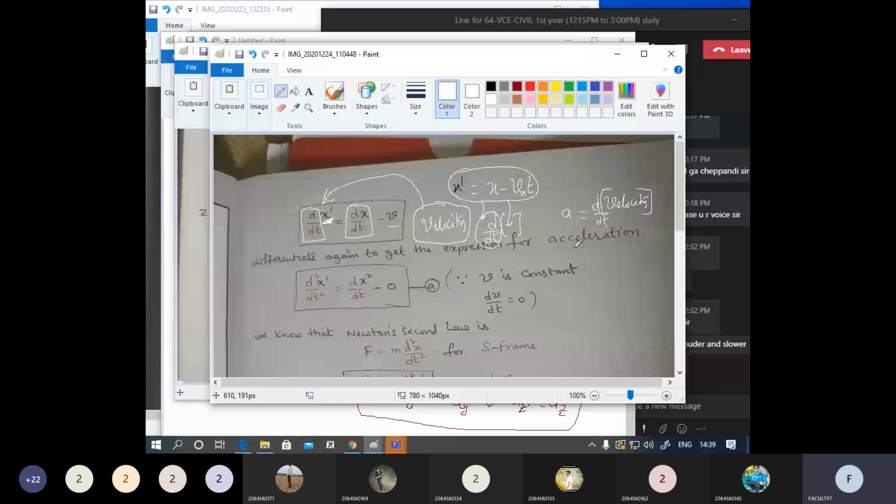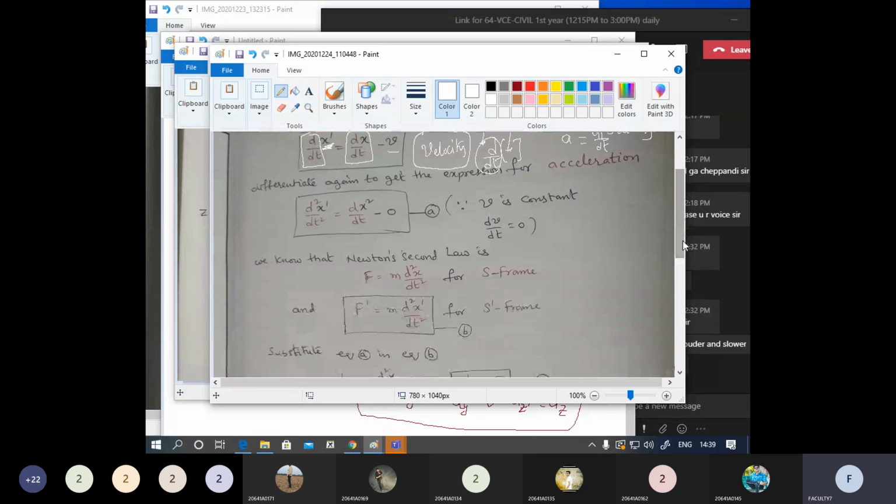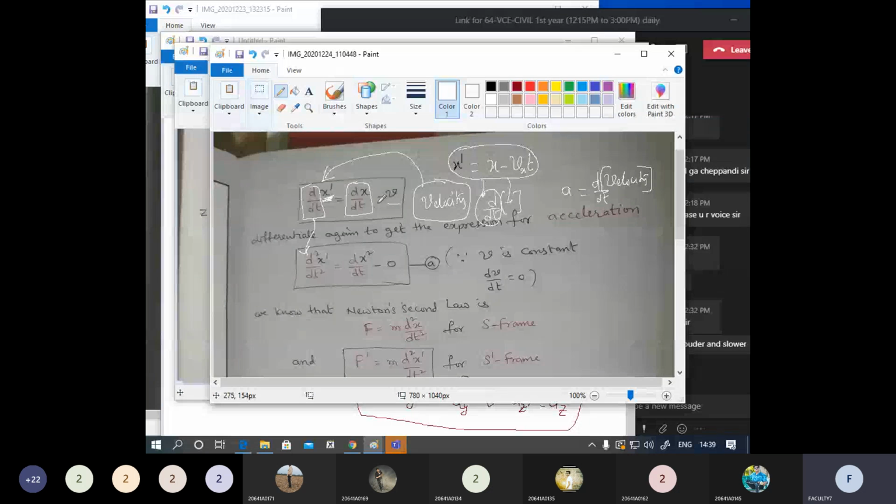Now go to the acceleration. Again differentiate this. Here, as the velocity v is constant, if you differentiate it, you get 0. A constant differentiates to 0.